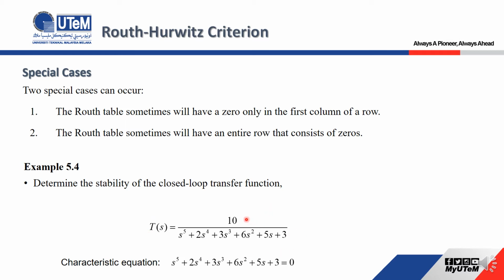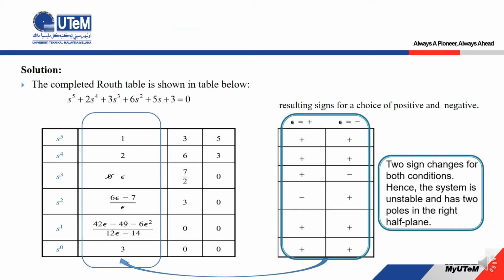Based on it, we can take the denominator part and put it equal to 0. We can consider this as the characteristic equation for the system.